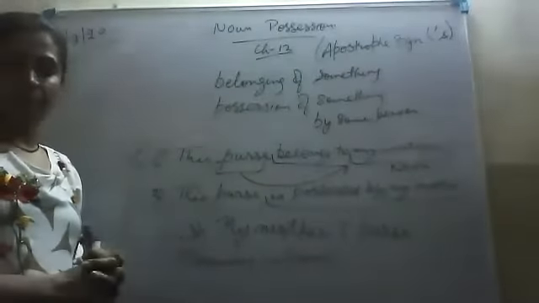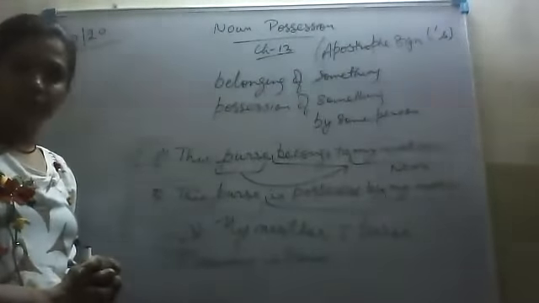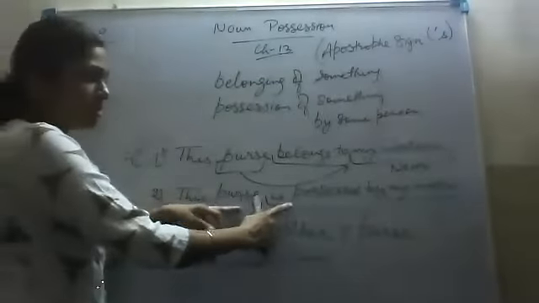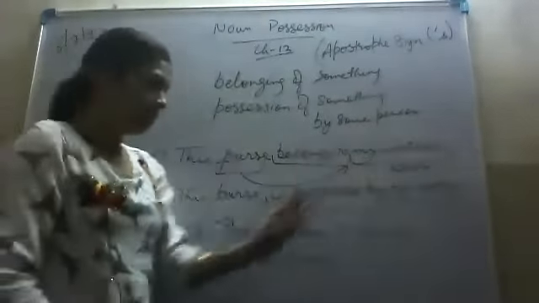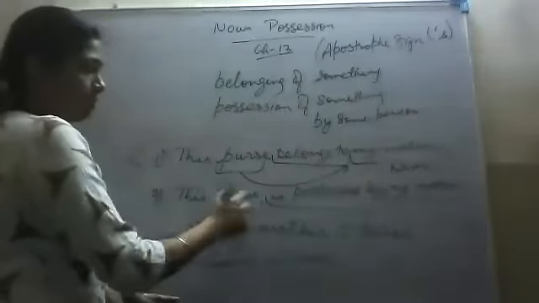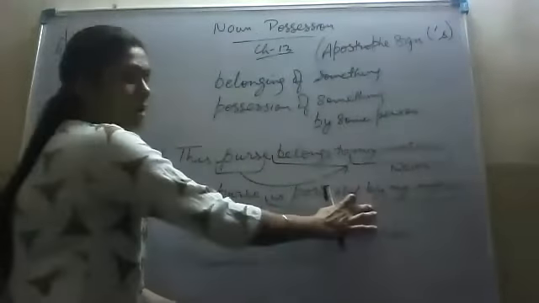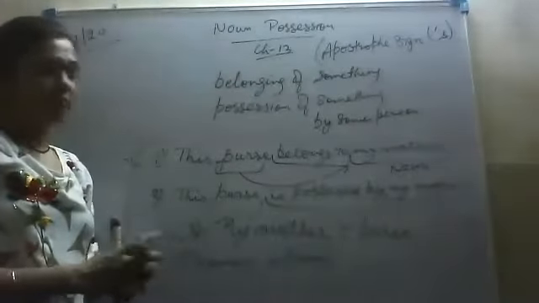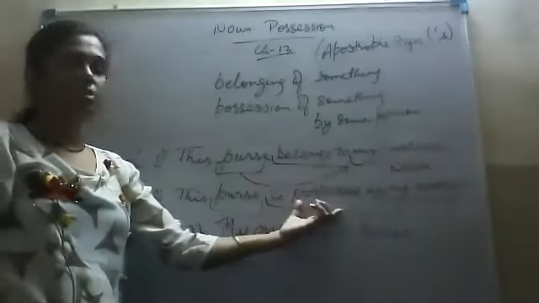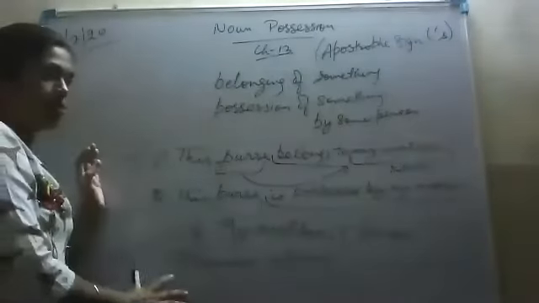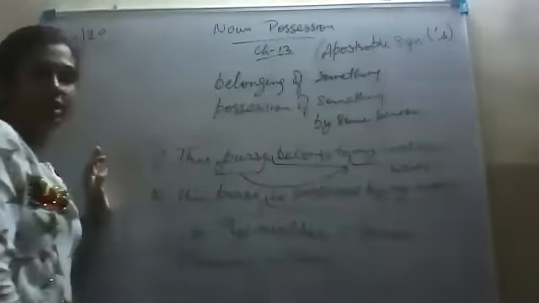Is it clear to everybody? Again, this purse is possessed by my mother; we can write in the same way, my mother's purse. Belonging to and possessed by mean the same thing. It is only a way to express it using the apostrophe sign.